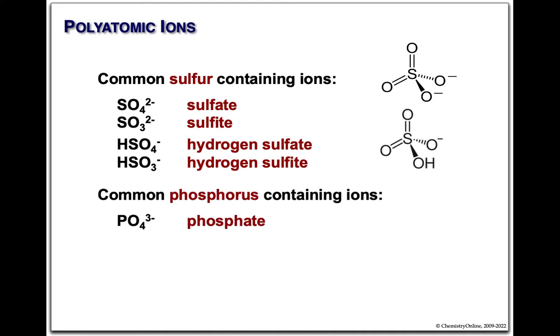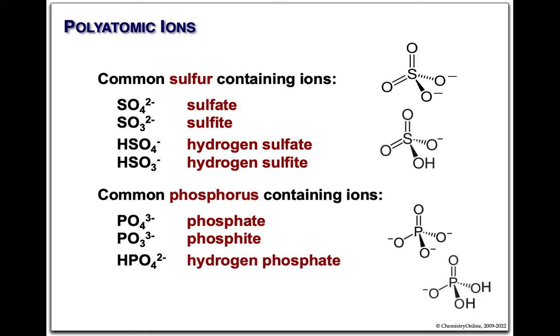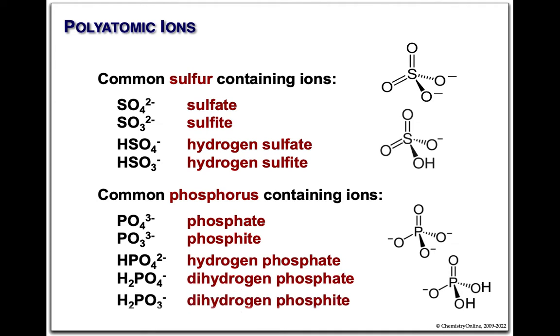Phosphorus. Phosphate's the parent. Phosphite, 1 oxygen away. Here we have 3 oxygens. We can add a hydrogen to 2 of them. So we get hydrogen phosphate, looks like this, and dihydrogen phosphate. When you write the words, the name, hydrogen and phosphate are separate words.